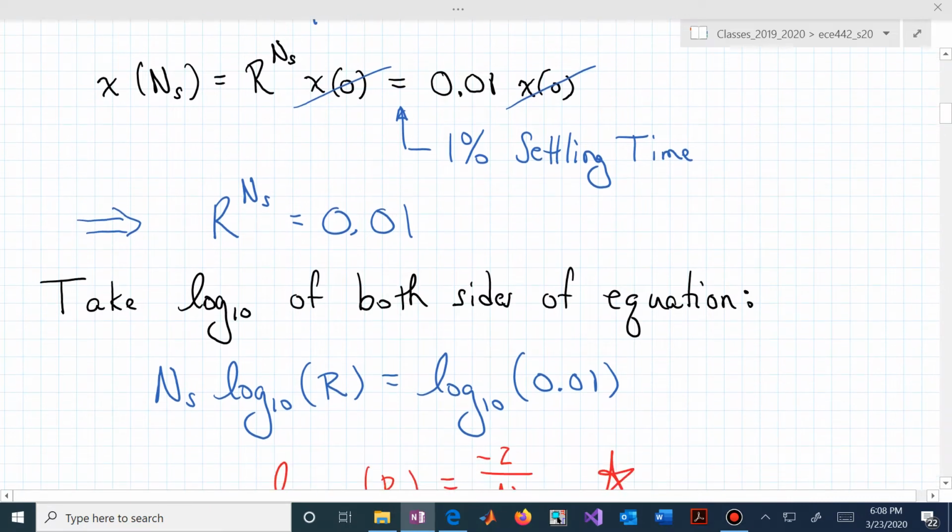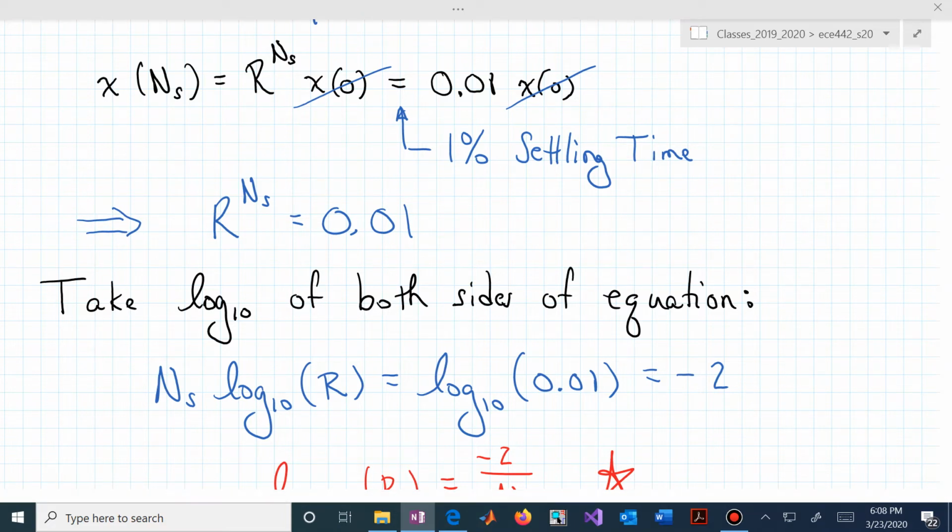That can now be solved for r by first taking the log base 10 of both sides, and the reason we're using log base 10 is because log base 10 of 10 to the minus 2, or log base 10 of 0.01, is a nice number. It's actually minus 2.